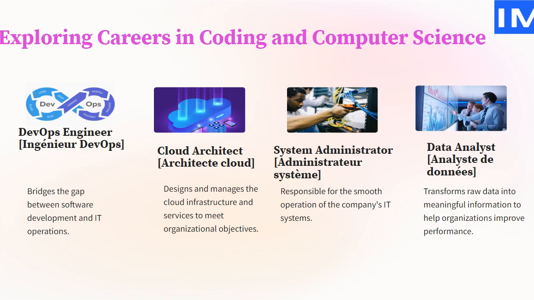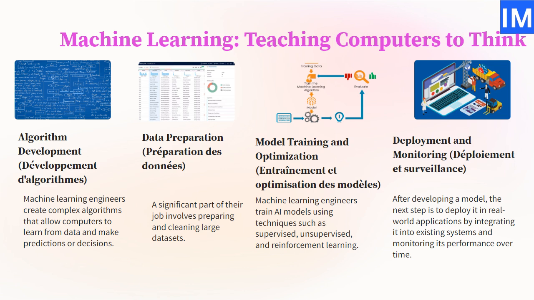A system administrator is a person responsible for the smooth operation of a company's IT system. And then we have a data analyst. In a company, a data analyst is someone who transforms raw data into meaningful information to help improve the organization's performance.